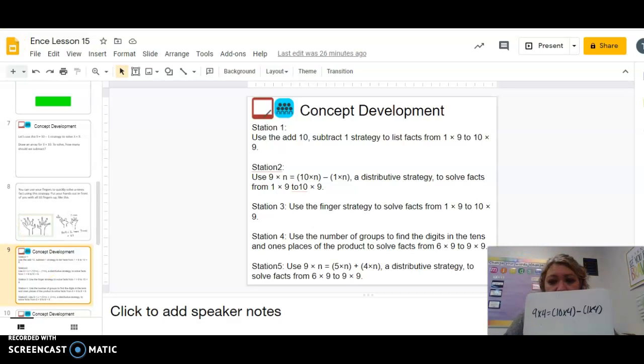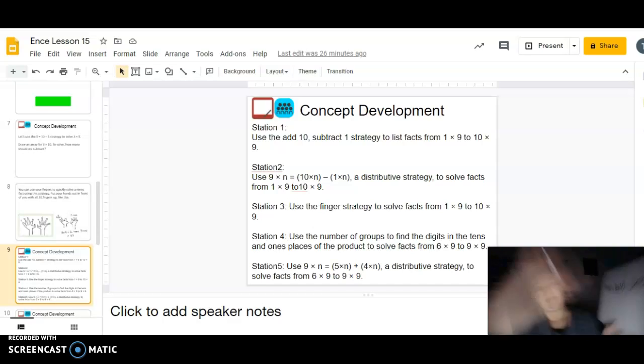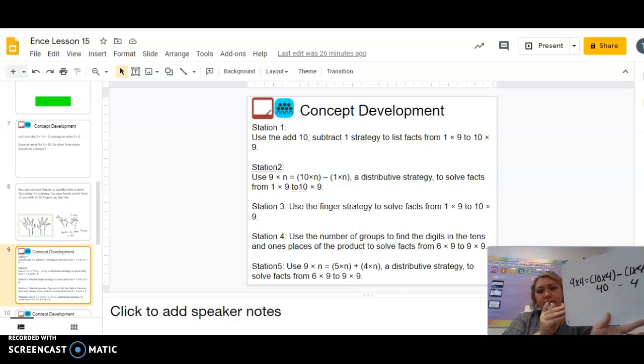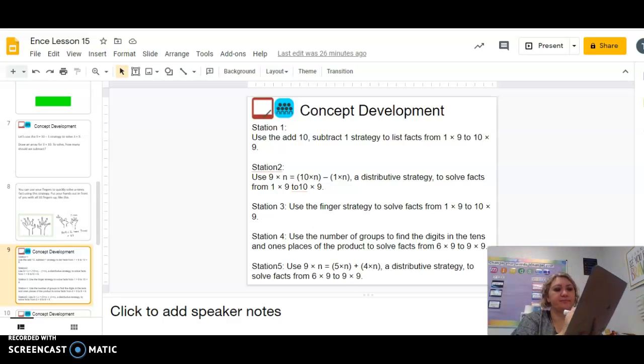So we're going to use the distributive property to solve 9 times 4. Okay, so 9 times 4 is equal to 10 times 4 minus 1 times 4. 10 times 4 is equal to 40. And 1 times 4 is equal to 4. And 40 minus 4 equals 36.